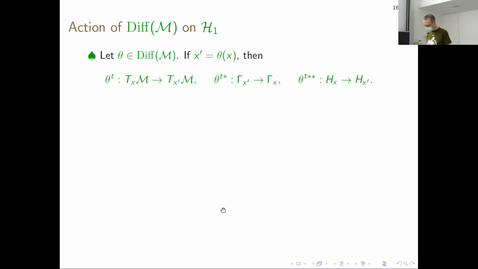As I said before, I would like the inner product of this new Hilbert space to be diffeomorphism invariant. So let's take a closer look at this issue.